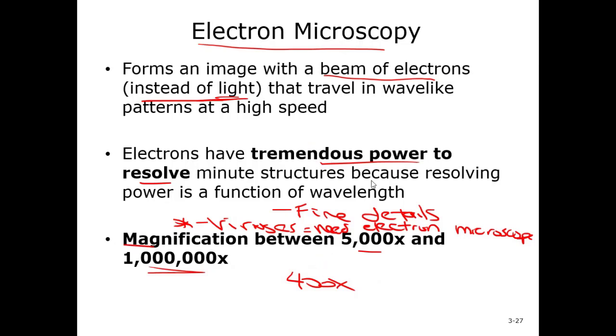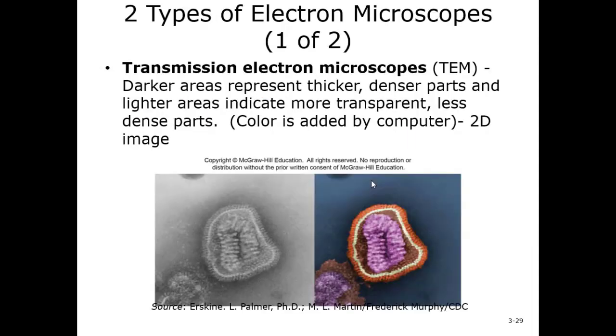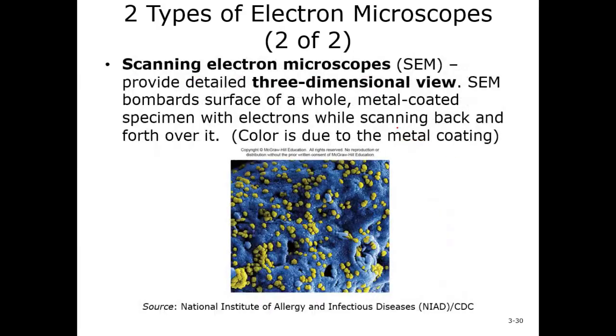There are two types of electron microscopes. The first are transmission electron microscopes, TEMs. With these images, you will get a two-dimensional image, but it'll be very detailed, so you can see the very small details within the virus or within the bacteria. The second type are scanning electron microscopes.